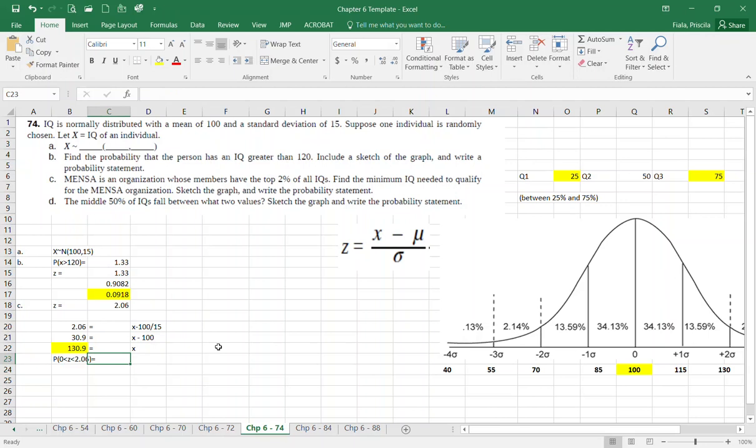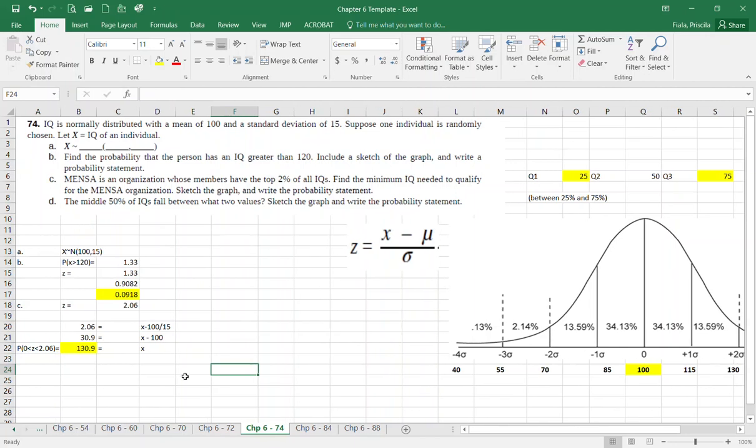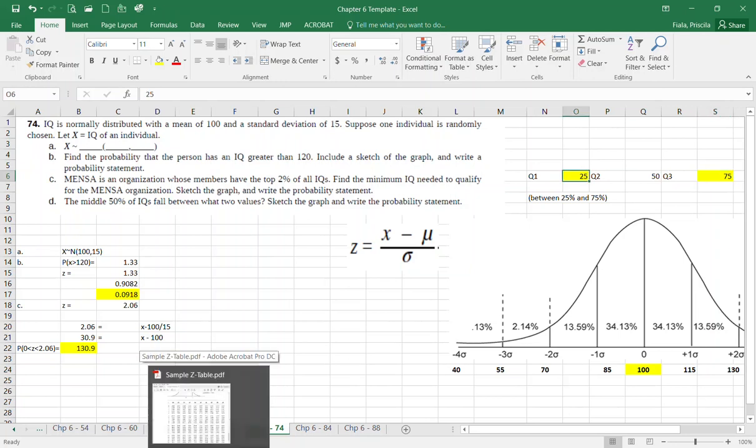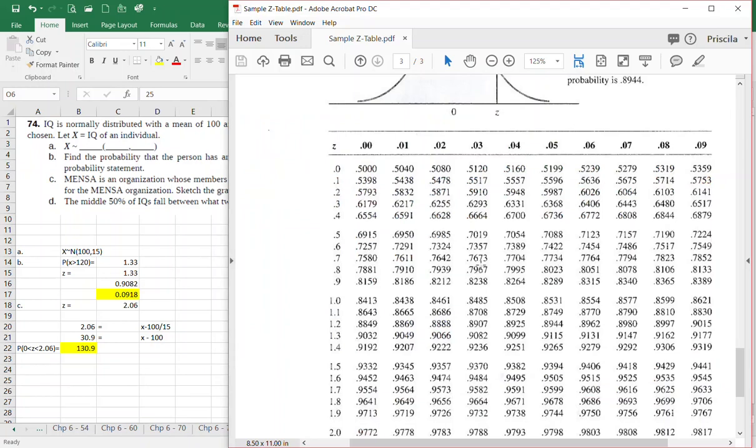We can move this, put it right here, and make it a little bigger. There we go. So that's your probability statement, since we had the z-score and then we found the x value based on that z-score. So back, sorry, to letter D. We're looking for these two values right here, so we need to refer to the z-table.